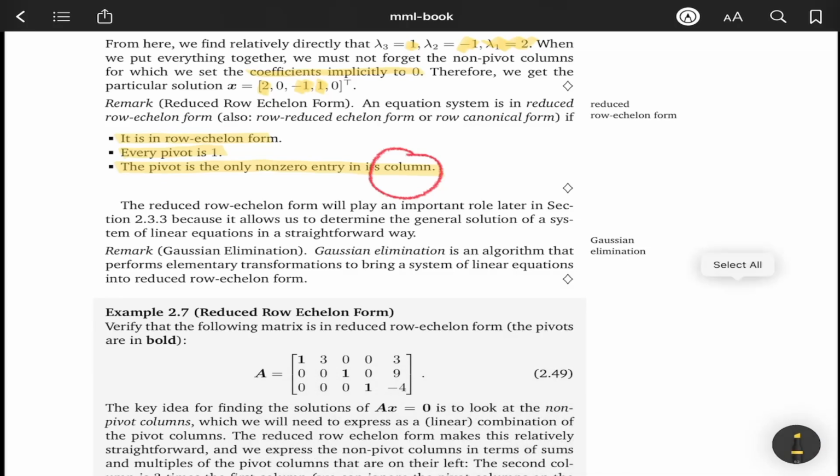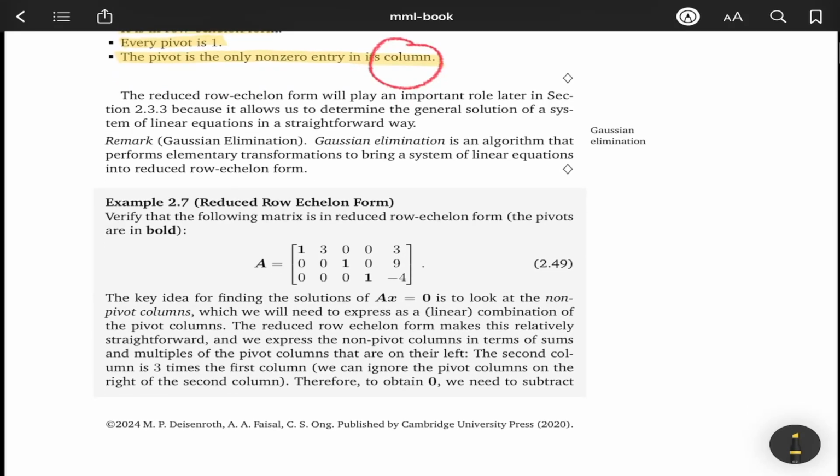Okay, so what they're saying now is the reduced echelon form will play an important role later in section 2.33 because it allows us to determine the general solution of a system of equations in a straightforward way. Okay, so remark, Gaussian elimination.